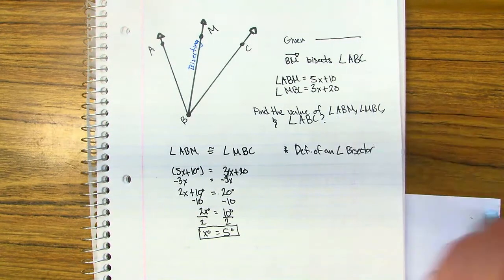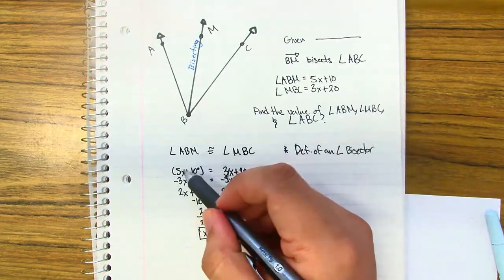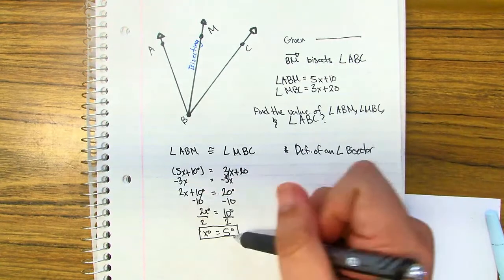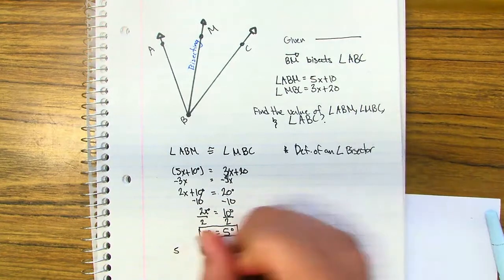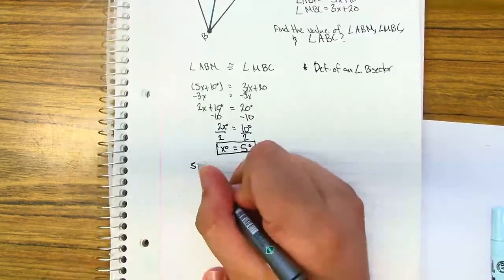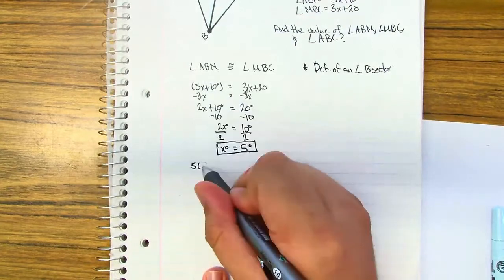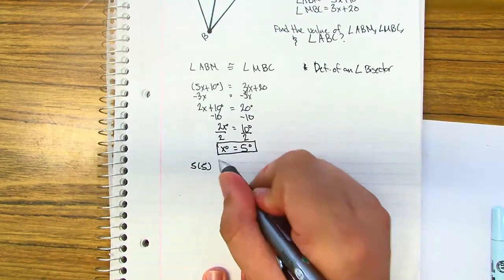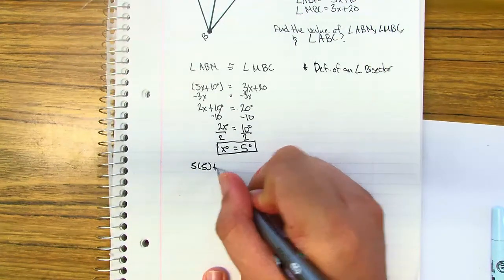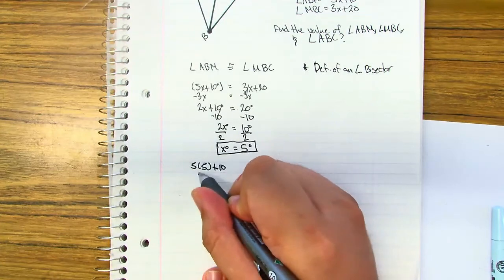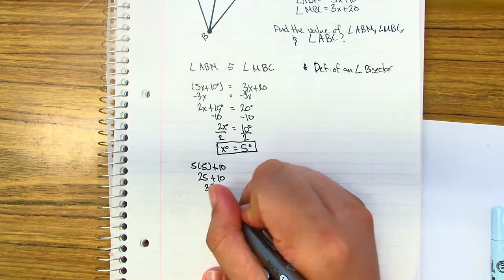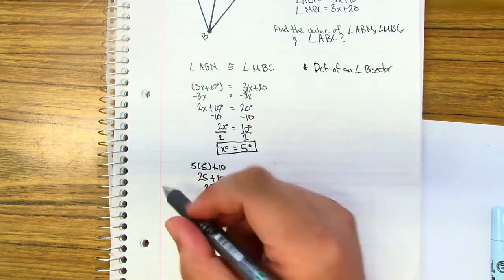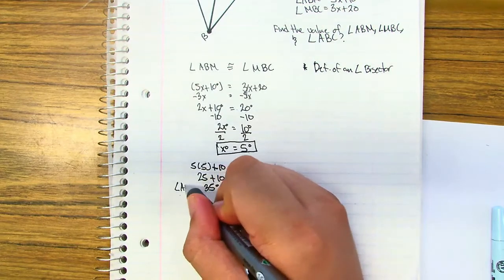We can substitute the value of x with 5 degrees into ABM: 5 times 5 is 25, plus 10 equals 35 degrees. So that's the value of angle ABM.